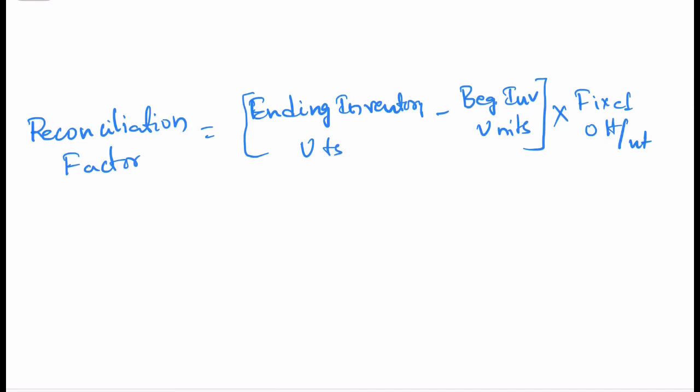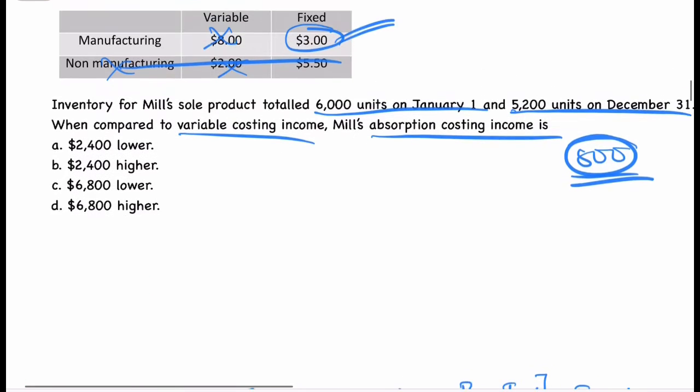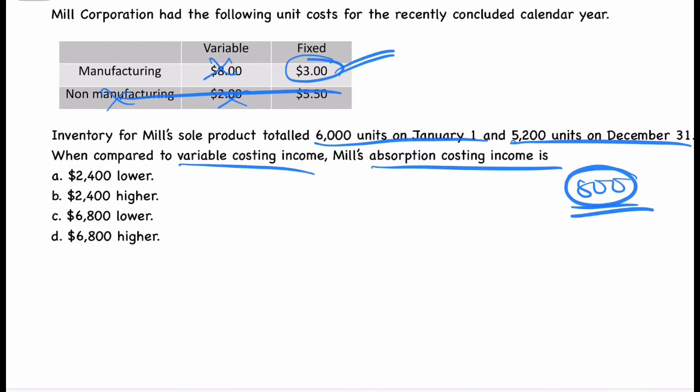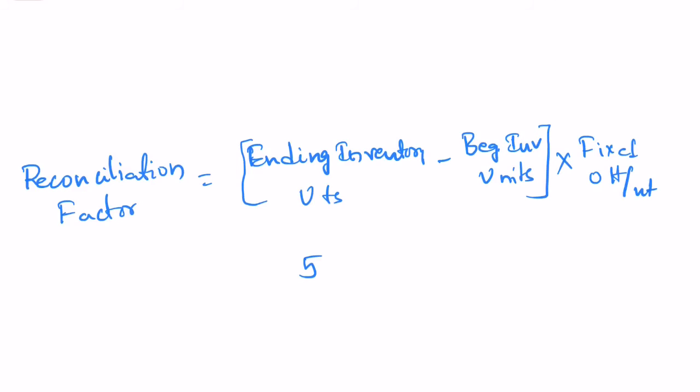Do we have all this data here? We have ending inventory units, that is 5,200 units, beginning inventory units 6,000 units, and fixed overhead per unit. Fixed overhead means we should assume it is the fixed manufacturing overhead, that is $3. Ending inventory is 5,200, beginning inventory is 6,000, and fixed overhead per unit is $3.